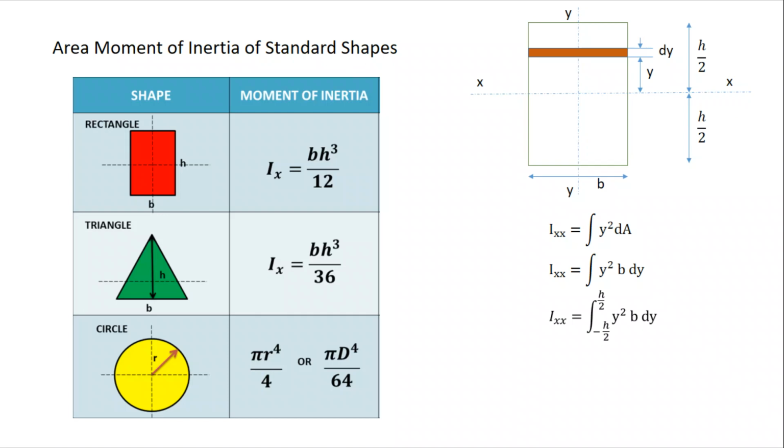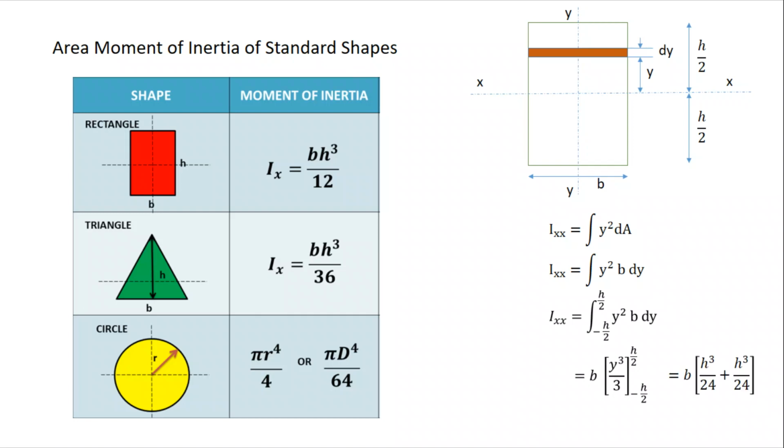Now integrate with the limits minus h by 2 below the x-axis to h by 2 above the x-axis. So this is the integration from minus h by 2 to h by 2 of y square b dy. Take the integration of this. b is constant, the width is constant, so take it outside the integration, and the integration of y square is y cube divided by 3, with limits minus h by 2 to h by 2.